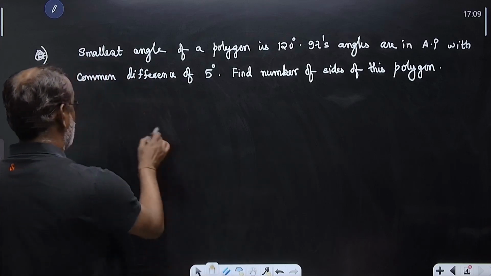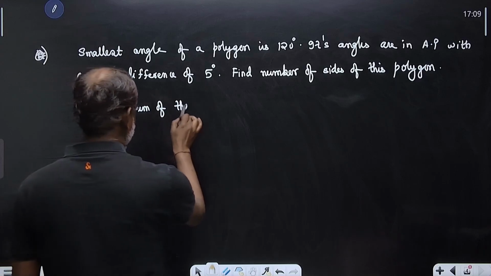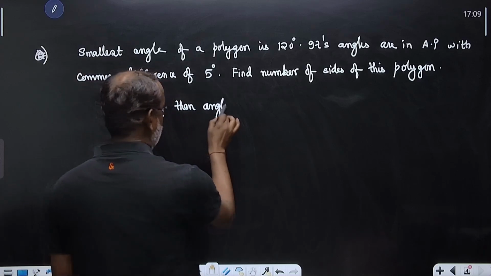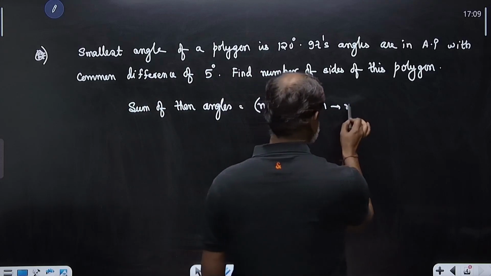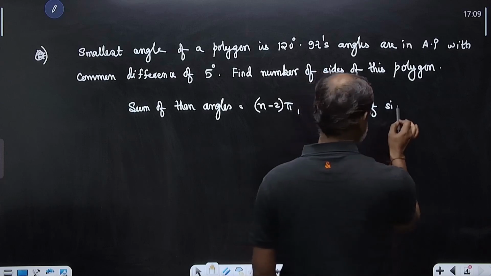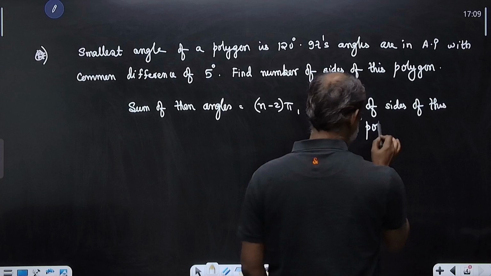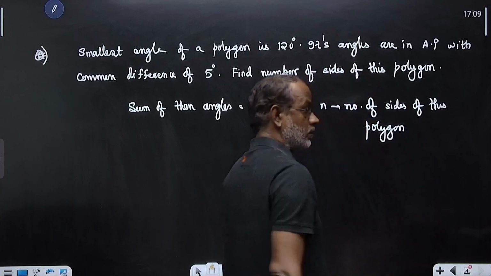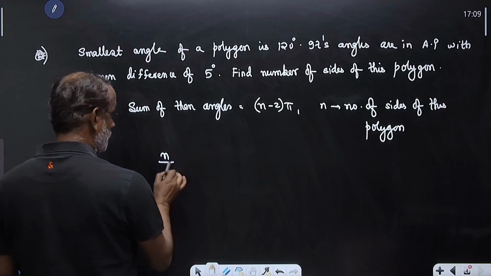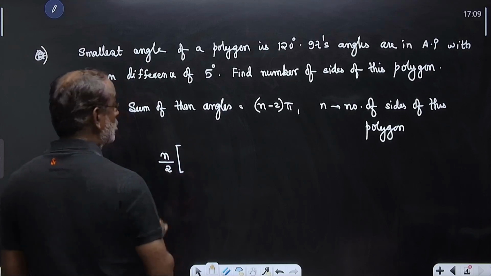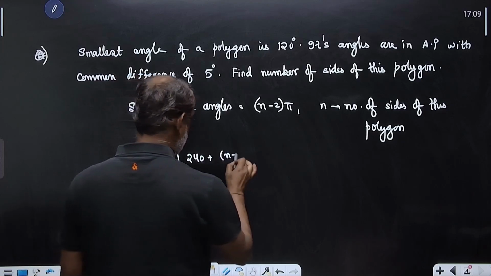So, sum of the angles of the polygon. What is the sum of the angles? We just went through it, it is n minus 2 into pi, where n is the number of sides of this polygon. Now we can find the sum of an AP, n by 2 into 2a, 2a is 240, plus n minus 1 into d, which is 5.